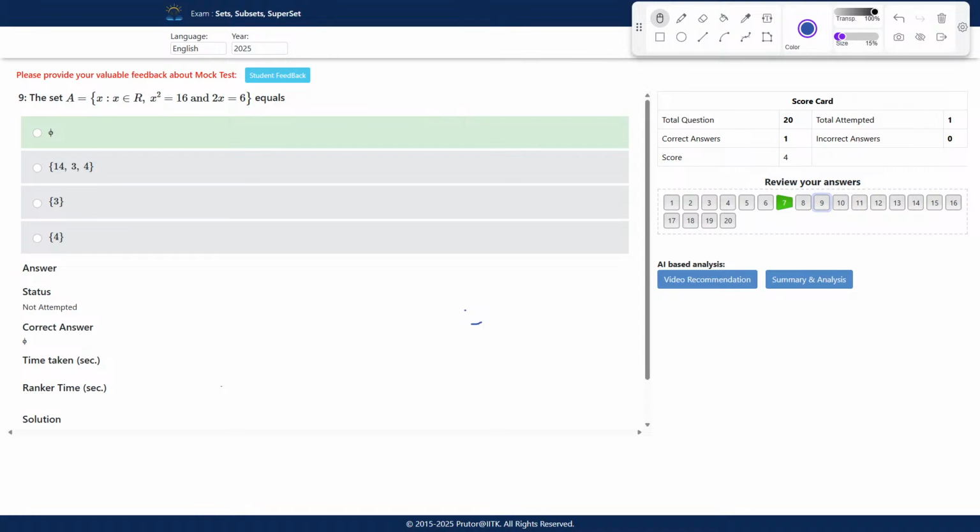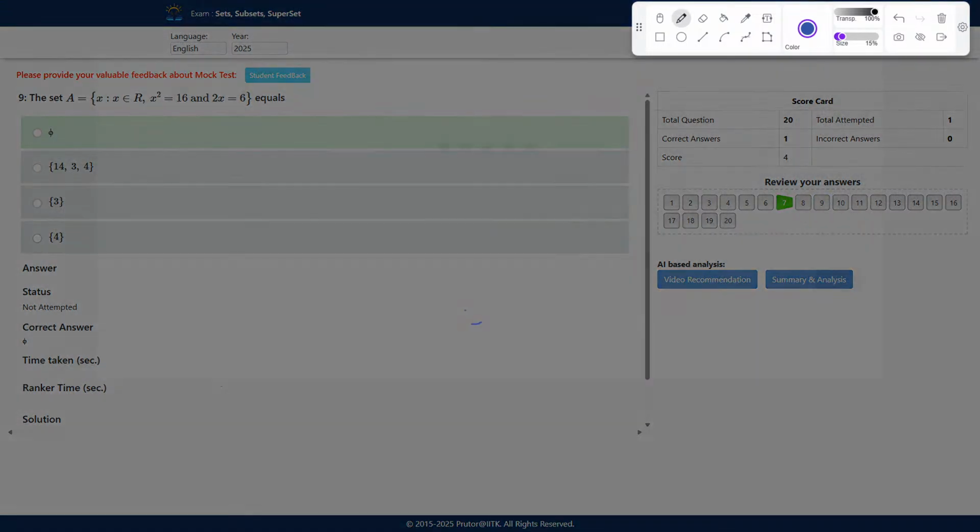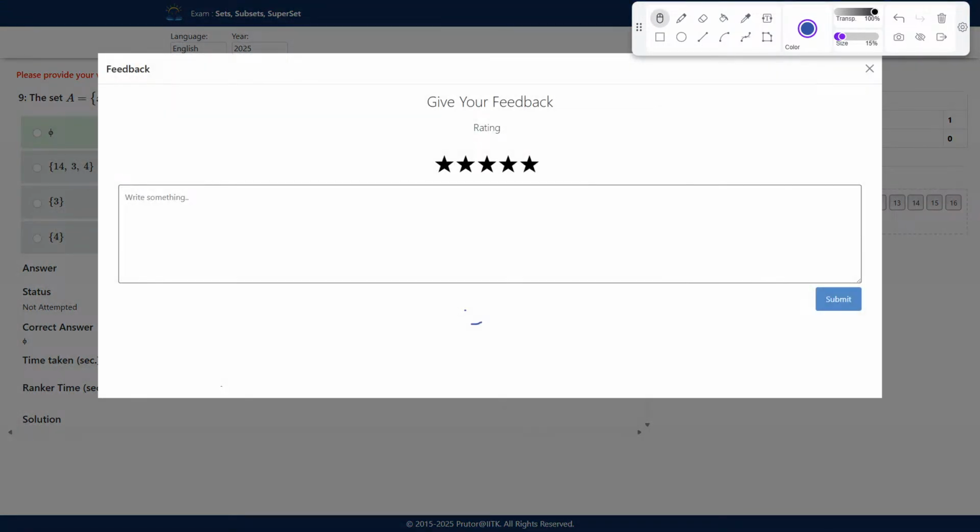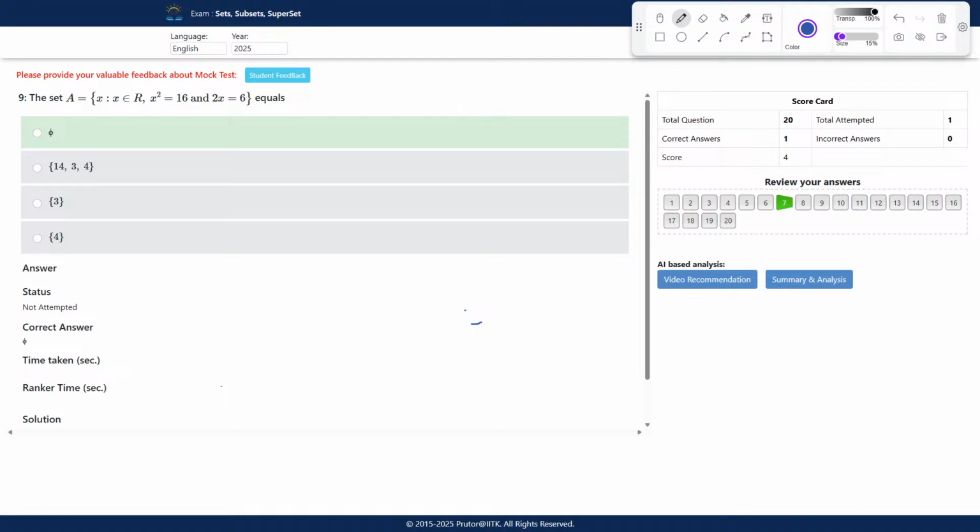Set A in set builder form is given to you: the collection of all x such that x is from the set of reals, x square is 16 and 2x is 6. So you have to collect all real numbers following these two equations.